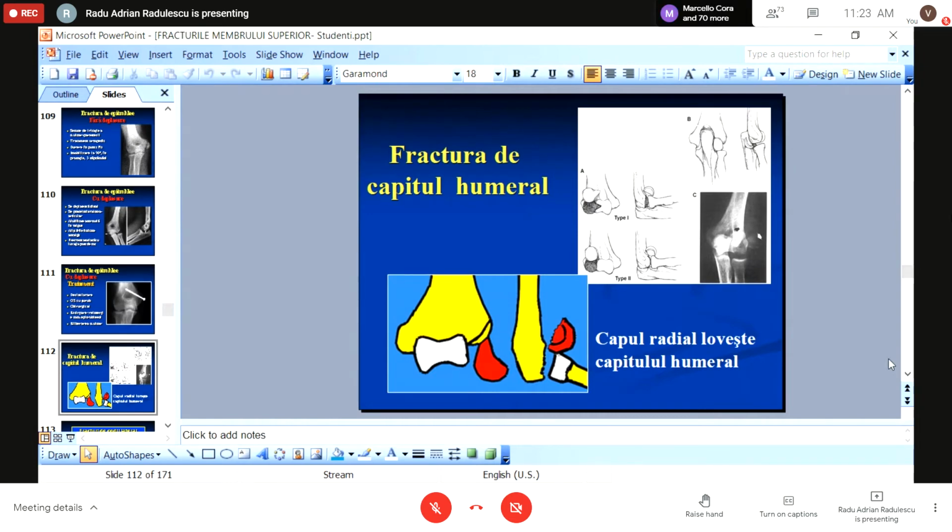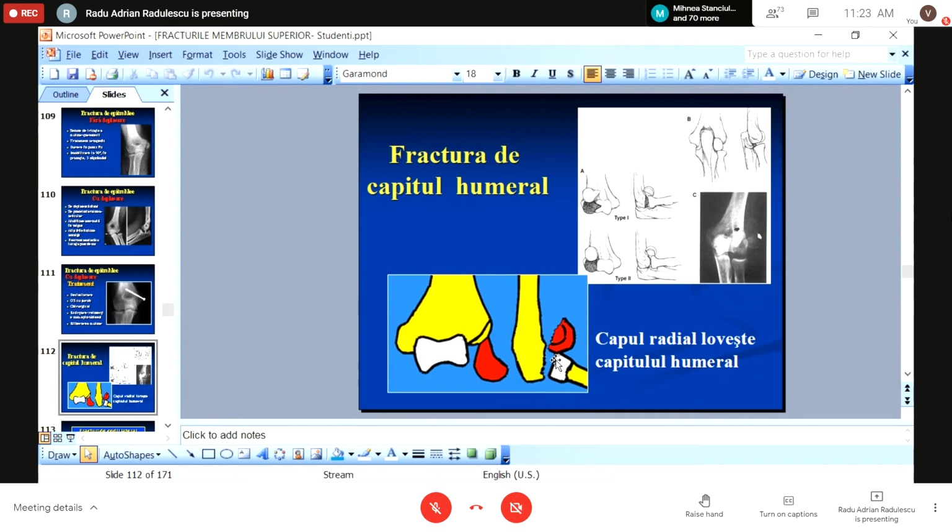Other fractures may be at the level of the humeral capitulum. See, the capitulum is this small part of the humerus which is in contact with the radial head. This small joint, which is part of the elbow joint, is responsible for the pronosupination of the forearm on the humerus.